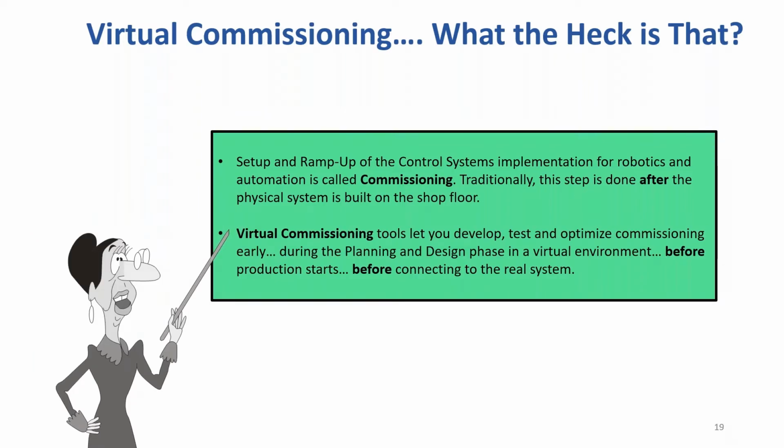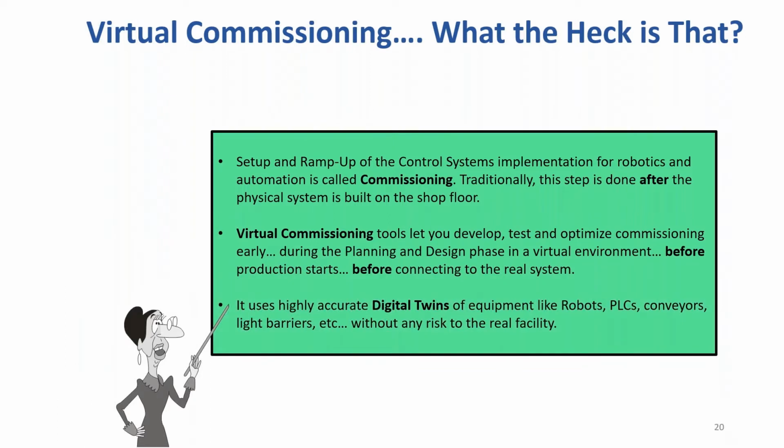Virtual commissioning tools let you develop, test, and optimize commissioning early during the planning and design phase in a virtual environment before production starts, before connecting to the real system. It uses highly accurate digital twins of equipment like robots, PLCs, conveyors, light barriers, etc., without any risk to the real facility.